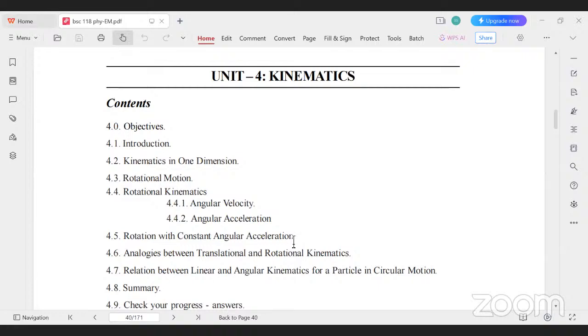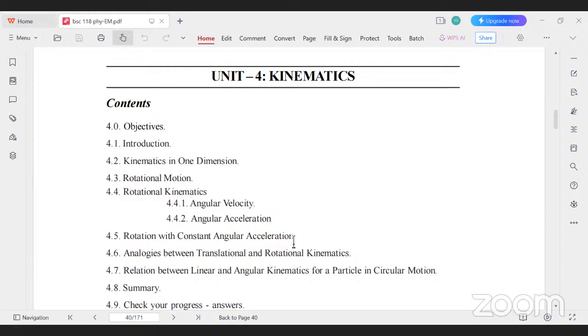If you are giving some external force, any motion which starts working, that might be bodies, systems, or anything, without consideration of their associated physical properties and the force acting on them.